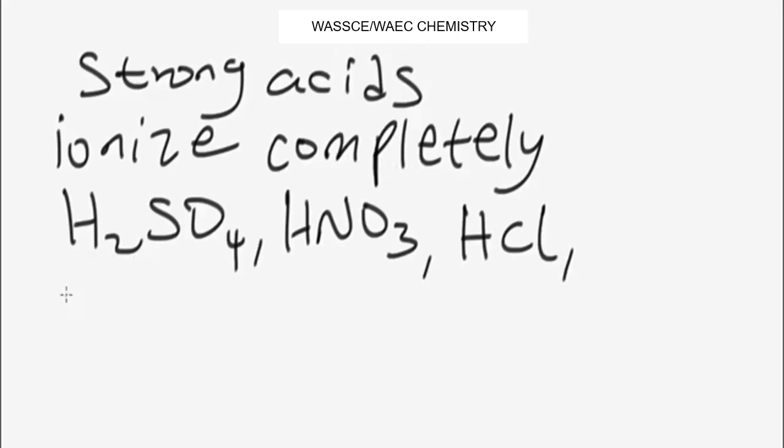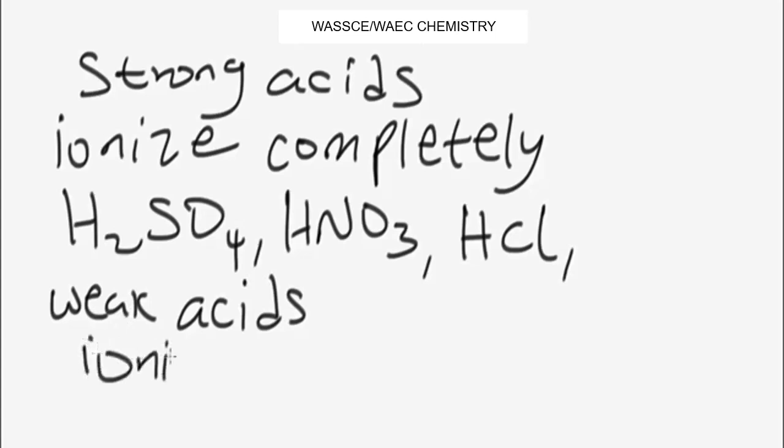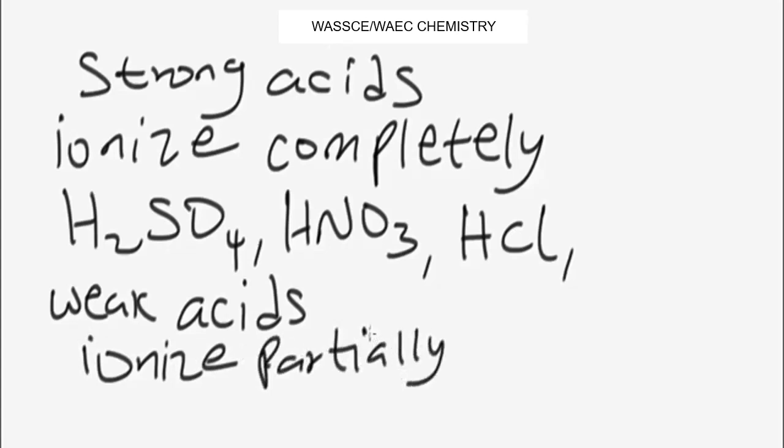Now, let's look at the concept of weak acids. Weak acids are those acids that ionize partially in water to release hydrogen ion. So the key word here is ionize partially. They don't ionize completely, but they ionize partially in water.